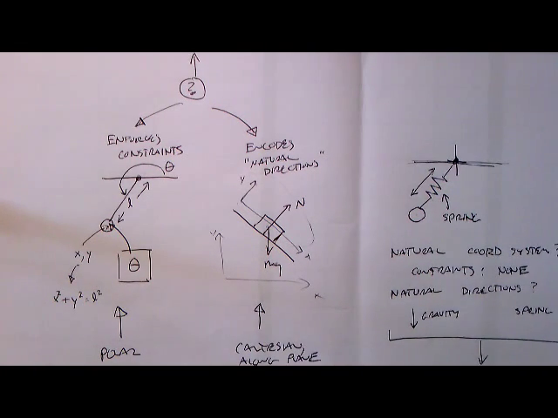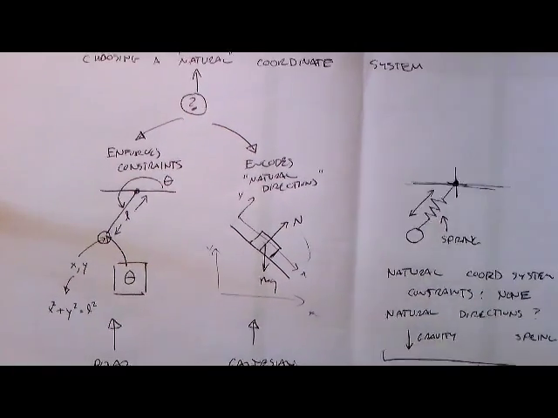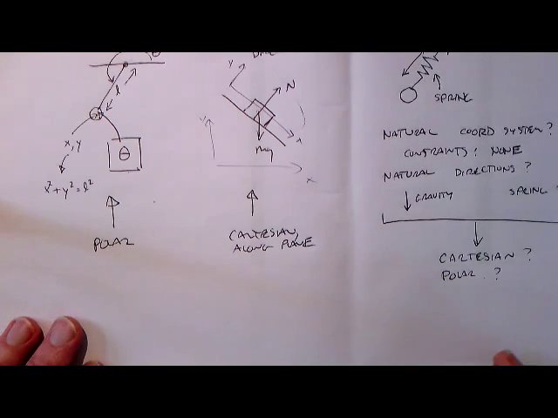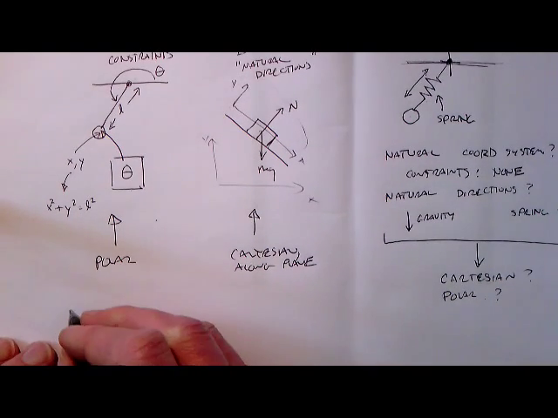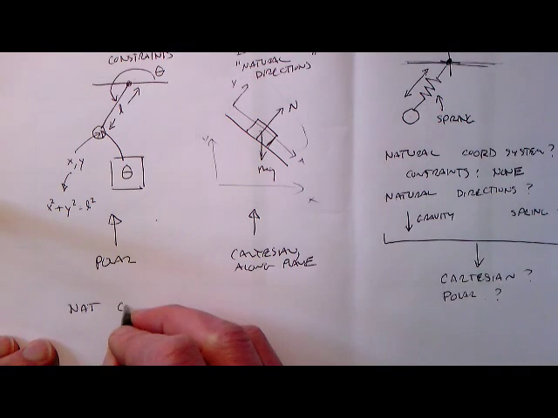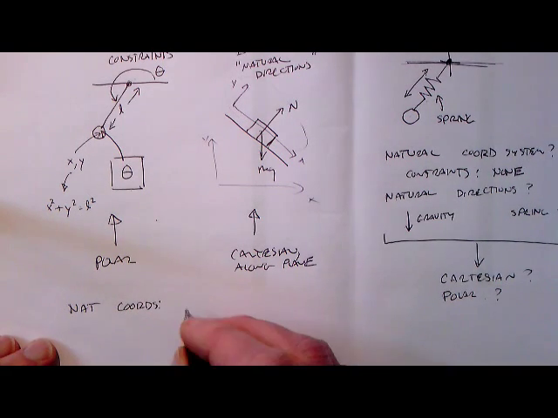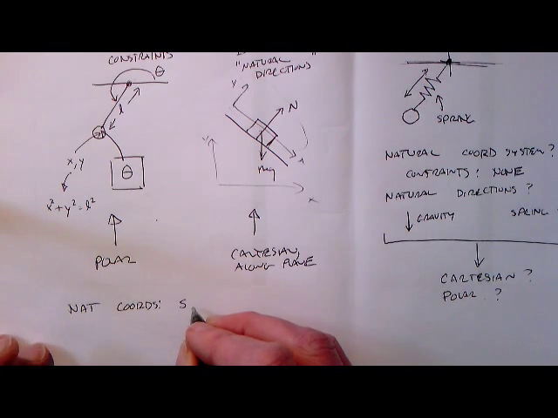So we've got three examples here. One of the things that is a characteristic of natural coordinate systems is that natural coordinate systems have the smallest number of coordinates necessary to describe the system.